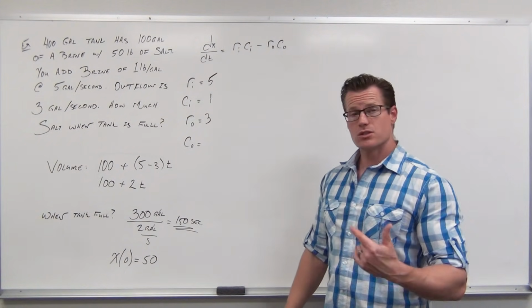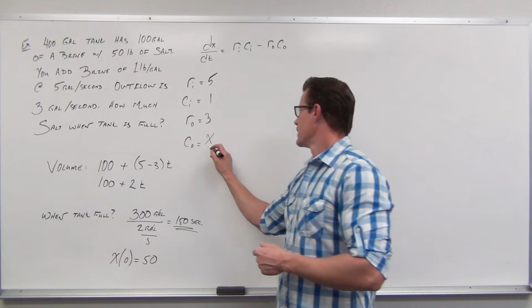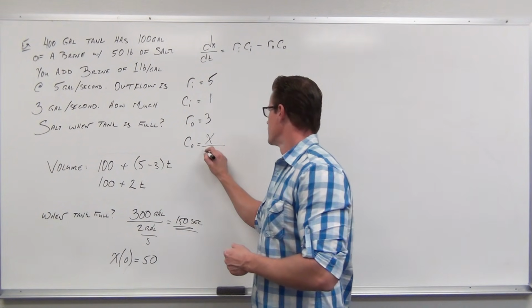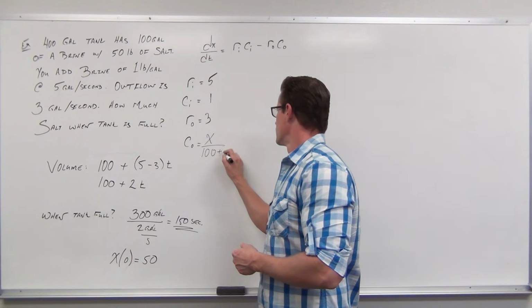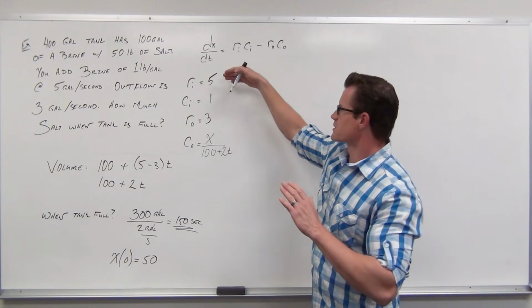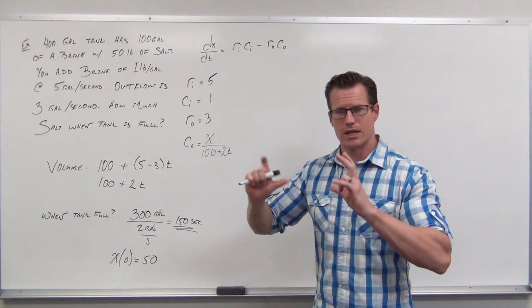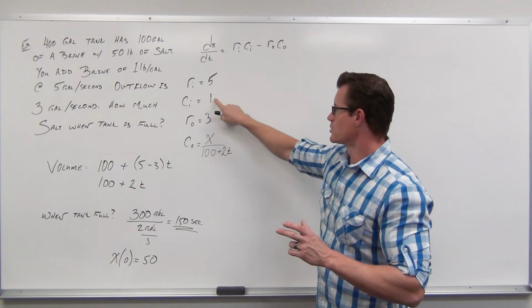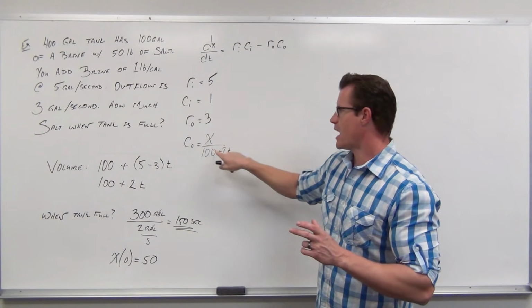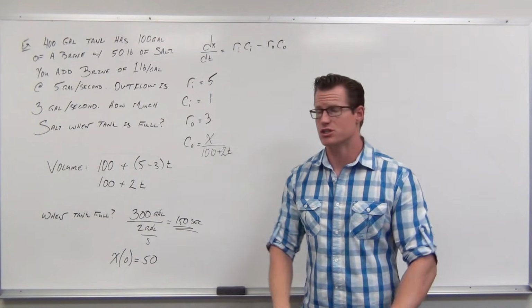Concentration out relates how much salt is there with respect to time divided by your volume, which is always changing. Notice how these concentrations are in the same relationship. This is 1 pound per gallon. This is x pounds per gallon of volume. That's okay to have as long as they have the same relationship there.